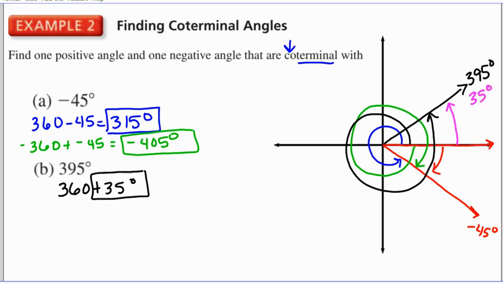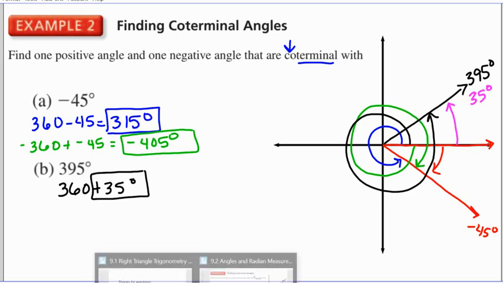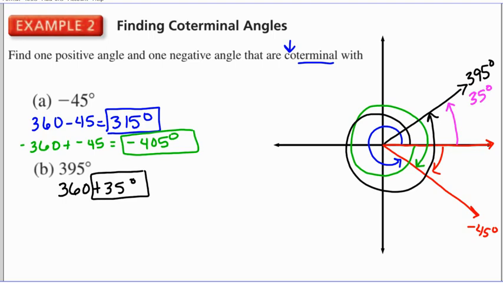35-degree angle. Okay, now if I want a negative angle that has the same terminating side, instead of going in the positive direction, going up from my initial side, I would go down from my initial side.